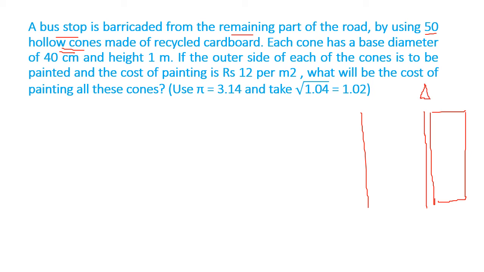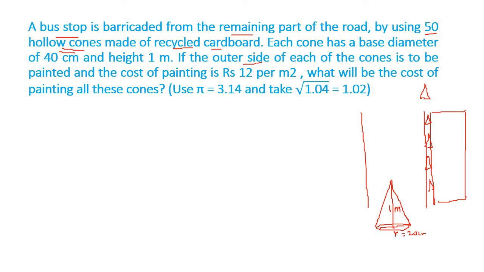So they have placed 50 of them to barricade this. It is made of recycled cardboard. Each cone has a base diameter 40 centimeter. So look here, base diameter is 40, so radius is 20 centimeter and the height is 1 meter.